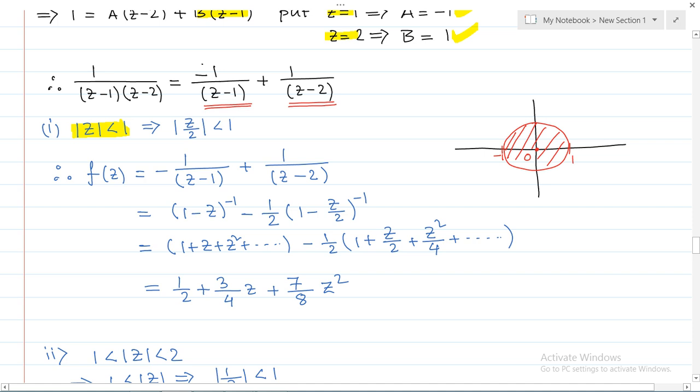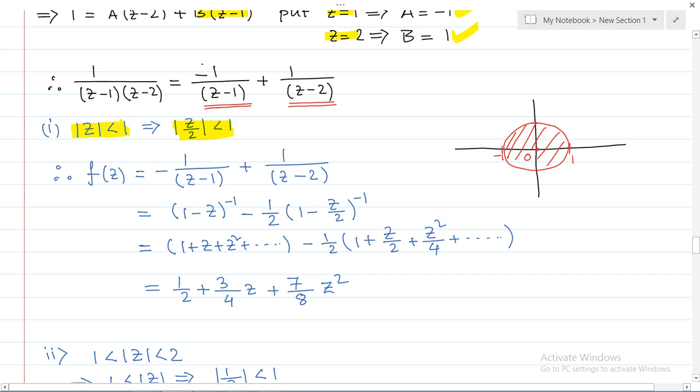Suppose we write 1 by 2 is less than 1. If I divide 1 by 2 by 2, then it will come 1 by 4, which is definitely less than 1. So if modulus of z is less than 1, then modulus of z by 2 is also less than 1. So why have we taken this? Let us try to understand.